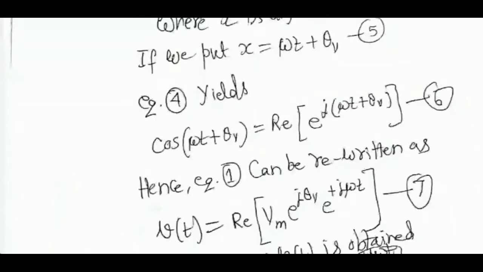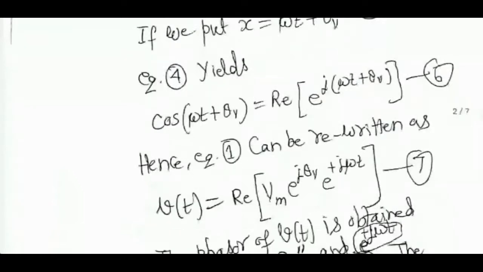On the right hand side, first of all, we break the angular part into two different components, e to the power j theta v and e to the power j omega t.